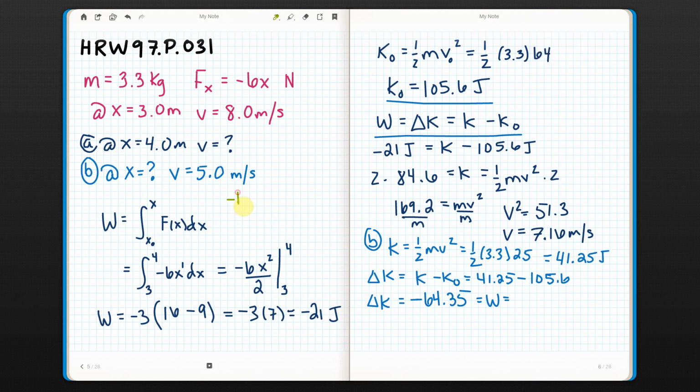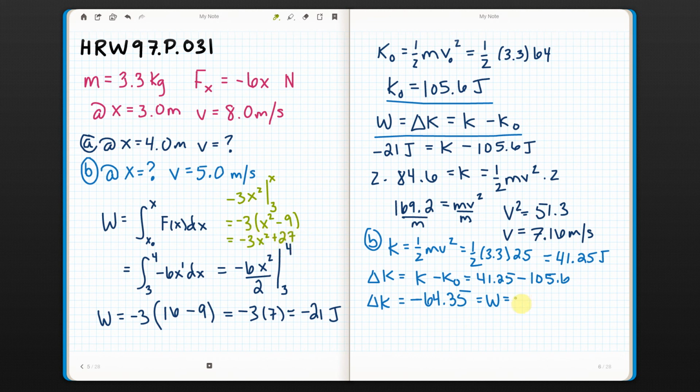Negative 3 x squared from 3 to x, where x is something I don't know, that ends up looking like negative 3 times x squared minus, put a 3 in for x squared, I get 9. Okay, so that is negative 3x squared plus 27.